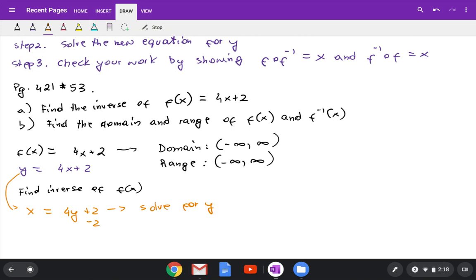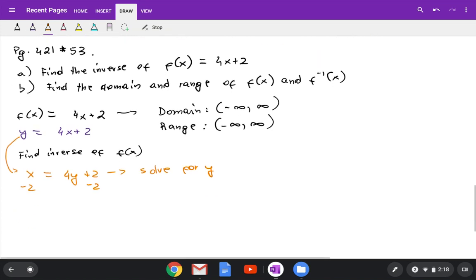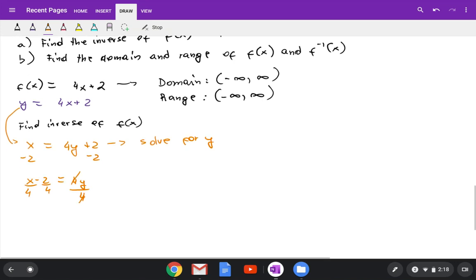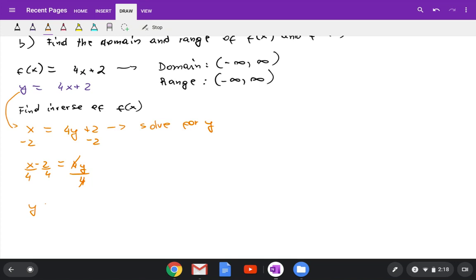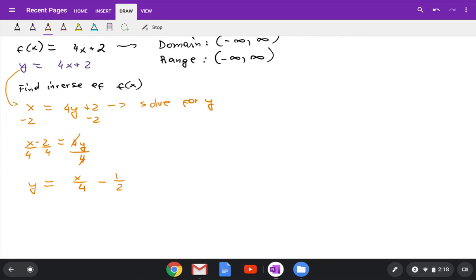So I will subtract 2 from both sides, and we get x minus 2 equals 4y, and just divide each side by 4. And that will give you y equals x over 4 minus 2 over 4, which is the same as 1/2. So the new equation, when you solve for y, is our inverse function.